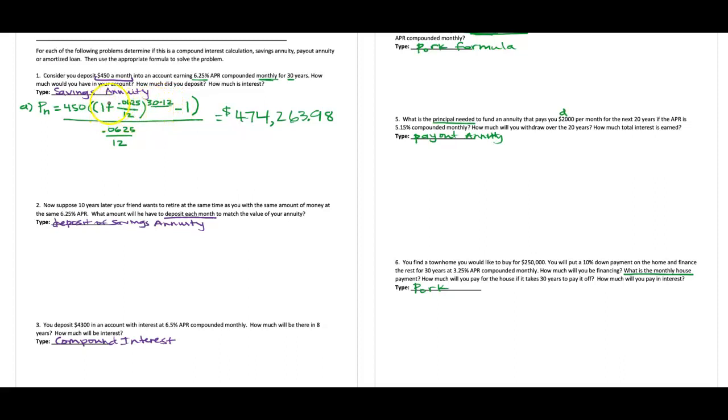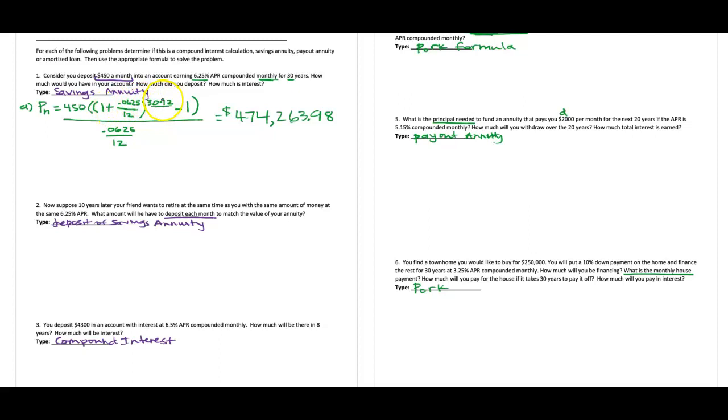And so I would start, you have to kind of work from the inside out. So you'd first want to do that. You'd have to do your 0.0625 divided by 12. It equals, add 1 to it. All right, hit equals.